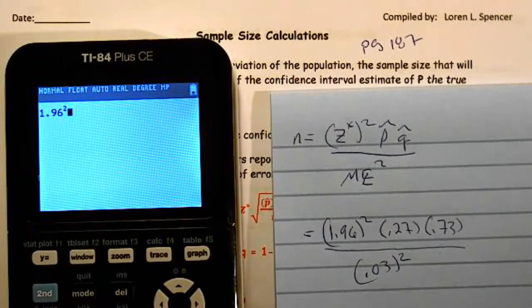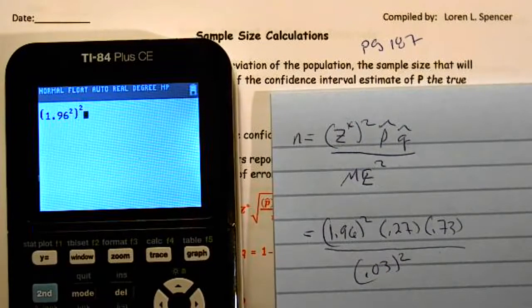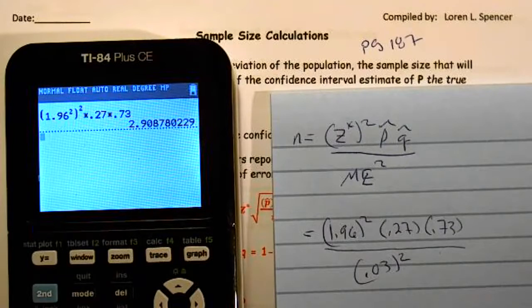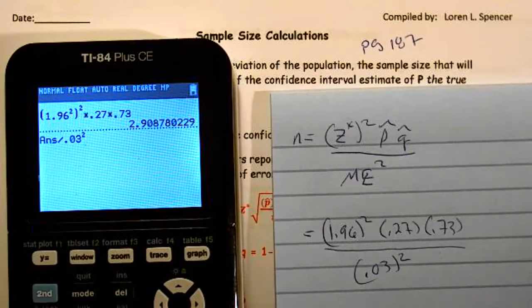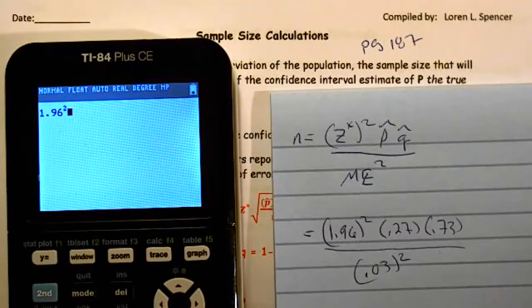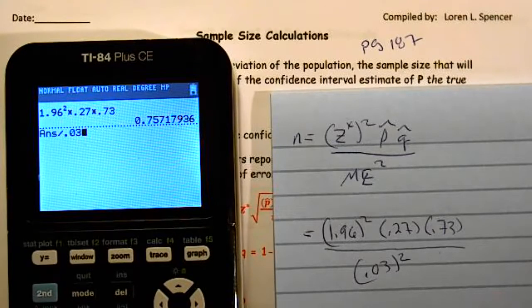1.96 squared times 0.27 times 0.73 divided by 0.03 squared. And I sure hope I messed up somewhere because that does not look right. 1.96 squared times 0.27 times 0.73 divided by 0.03 squared.